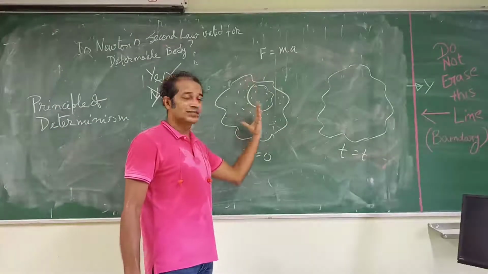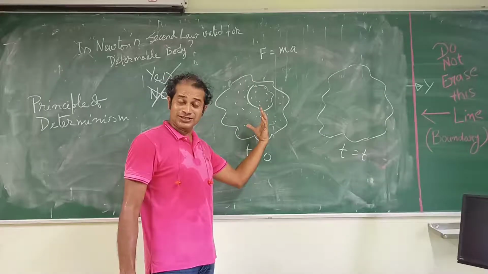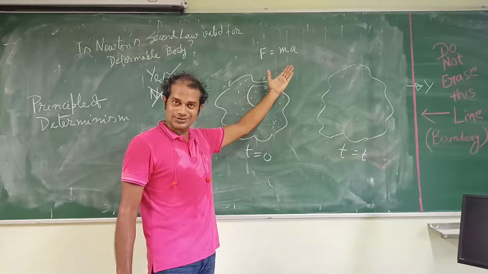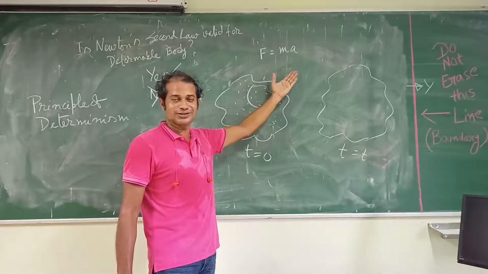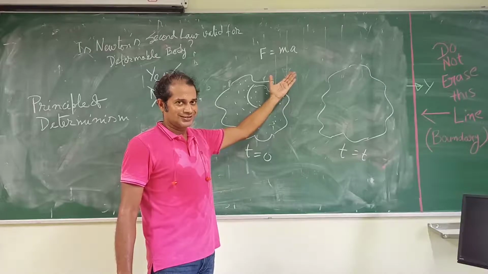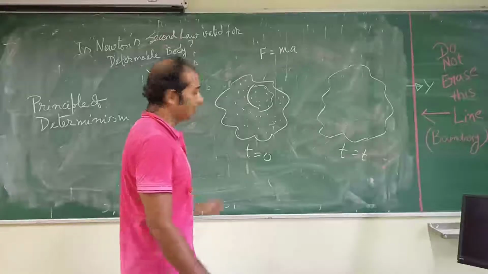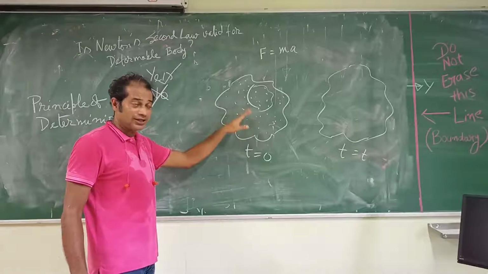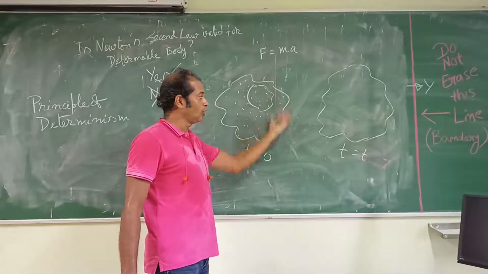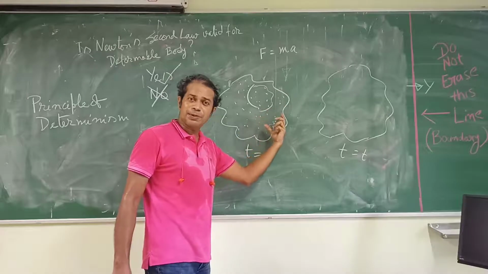So if you are going to consider an infinite number of points, we have an infinite set of equations. So it gives you a definite solution. Are you understanding? If this body is a rigid body, F is equal to ma is applicable to the whole body as well as any part of the body.